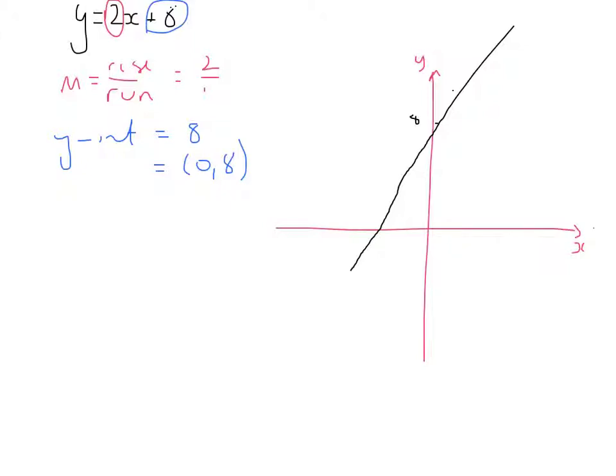If we want to work out what our x-intercept is going to be, what we do is we make our y-coordinate equal to 0, and we'll substitute that into the equation.